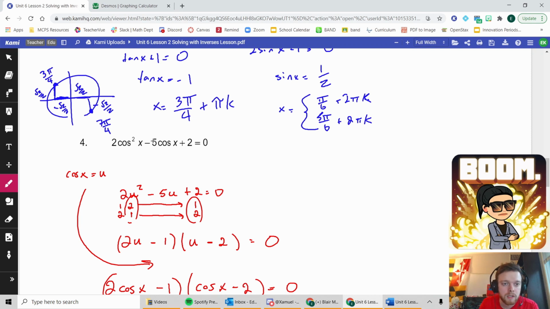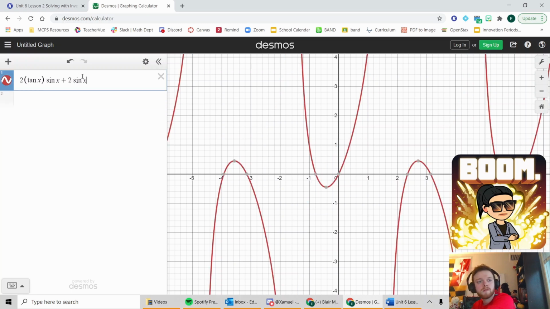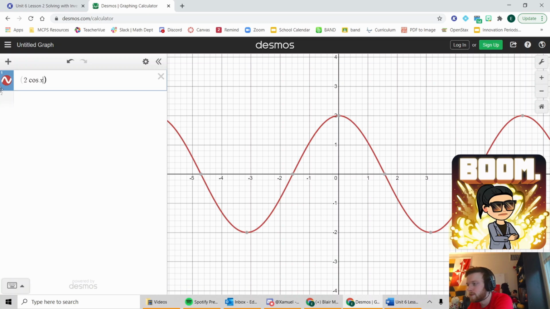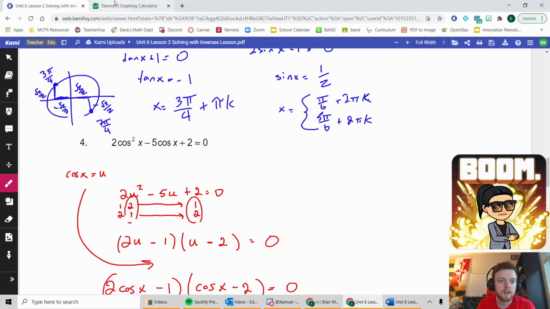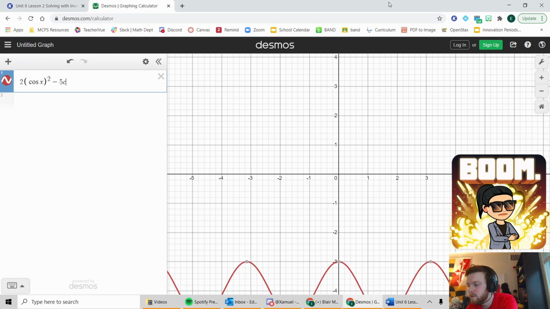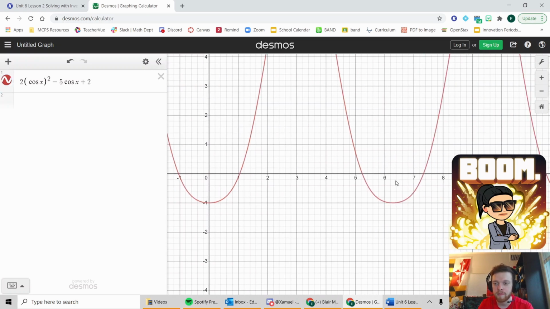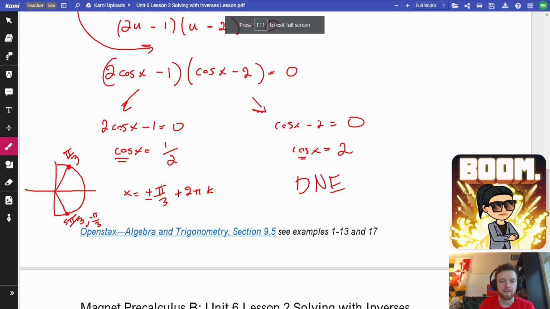Let's figure out 2 cosine x quantity squared minus 5 cosine x plus 2. When is it equal to 0? Pi over 3, 5 pi over 3, 7 pi over 3, there we go. Just pi over 3 and negative pi over 3 plus 2 pi k.